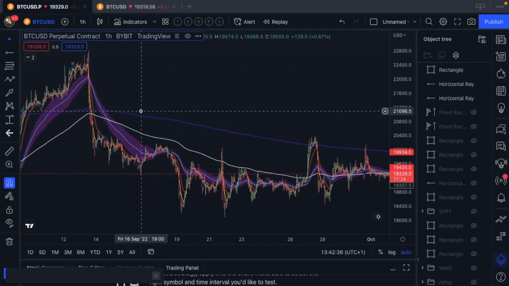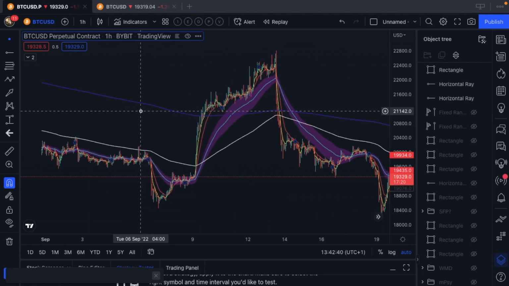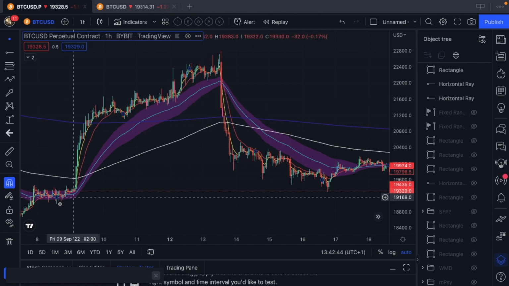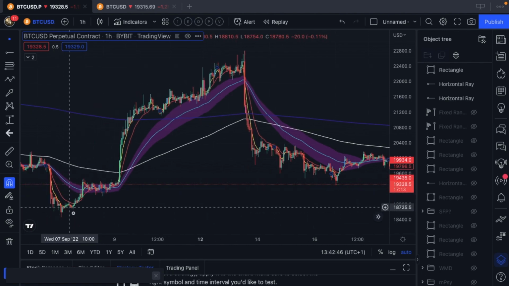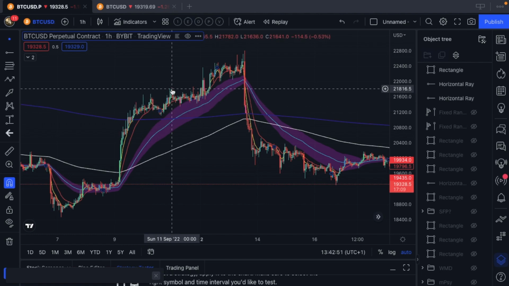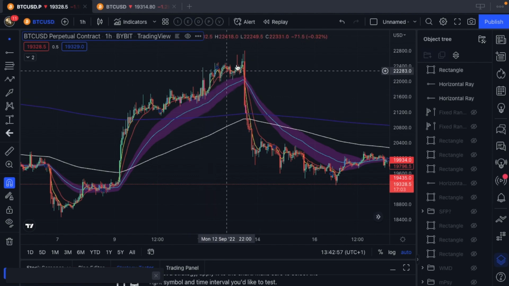So let's see if I can find an example. Well, even here, we break above, we put in this W, we finally rip it up. Here's our level 1. We rip past it again, level 2, come back down, and level 3.